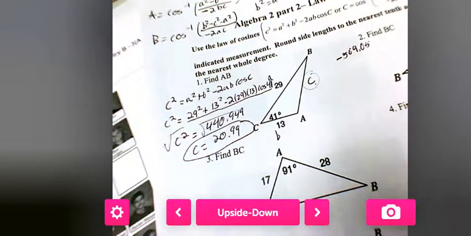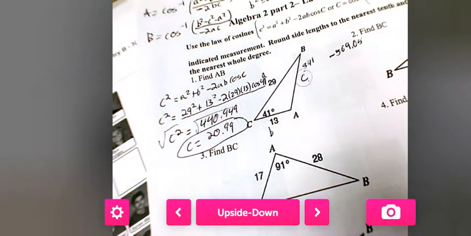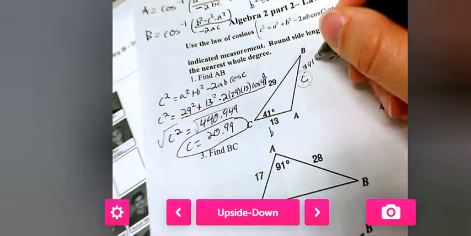Then 29 squared is 841, and 13 squared is 169. Then 841 plus 169 minus 569.05, and you get the same answer, and then you square root it. So you just have to do it in parts on your phone calculator.